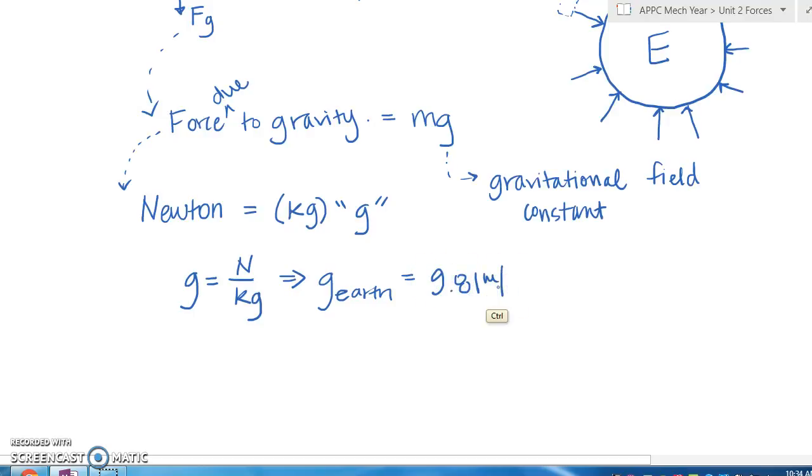I don't want to use meters per second. And I like to use newtons per kilogram as my unit here because it reminds me that I'm using the gravitational field to apply a force, not to be an acceleration. So that's why I like to use that unit.